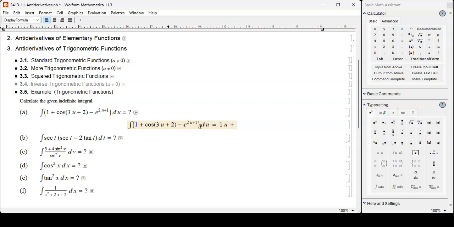By the way, the main variable is u, not x. Now cosine, the antiderivative of cosine is sine. The derivative of sine is cosine, the antiderivative of cosine is sine. So it's going to be sine of 3u plus 2. But you have to undo the chain rule, so you're going to need 1/3 here.